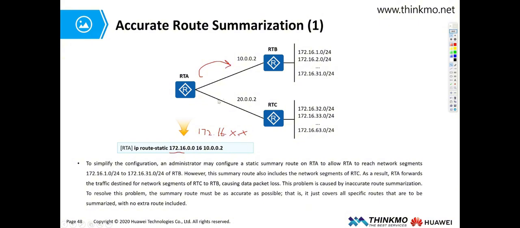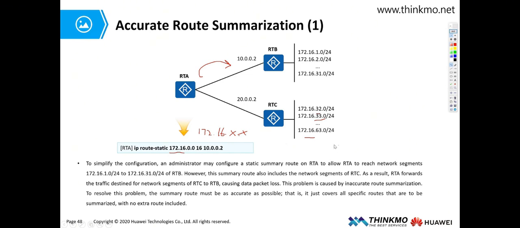The key issue is that on RTB, there isn't, for example, 32.0, 33.0, or 63.0. So if we configure the summary route like this, it will include these subnets. Therefore, this will cause RTA to send packets, which should originally be sent to RTC, to RTB, which will lead to data packet loss. This issue is caused by our imprecise route summarization.